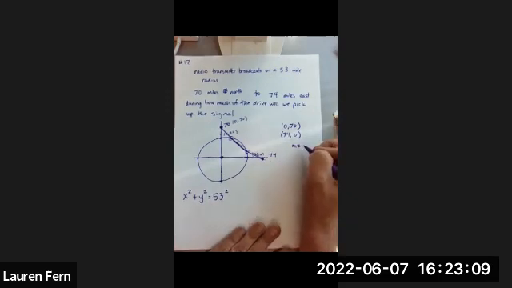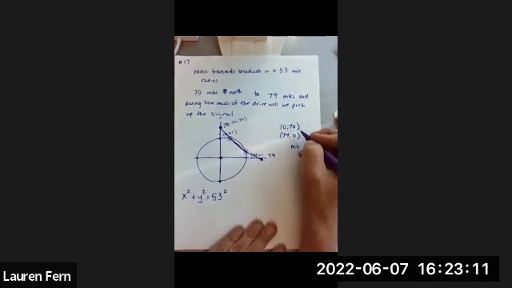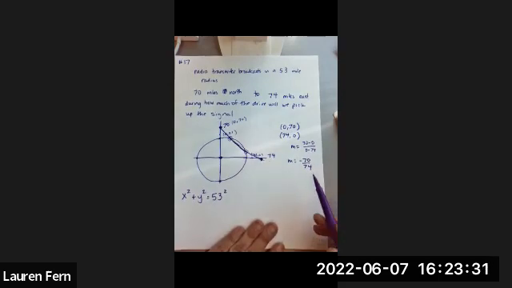The cool thing is we know how to find the equation of this line. First we need to find the slope, and the slope is the change in y values over the change in x values. So what is that? That is 70 minus 0 over 0 minus 74, so my slope is going to be negative 70 over 74.